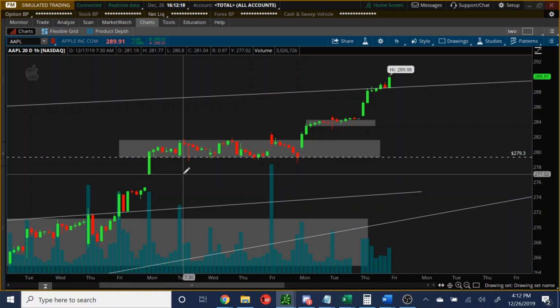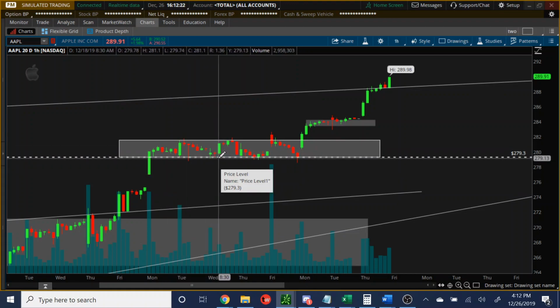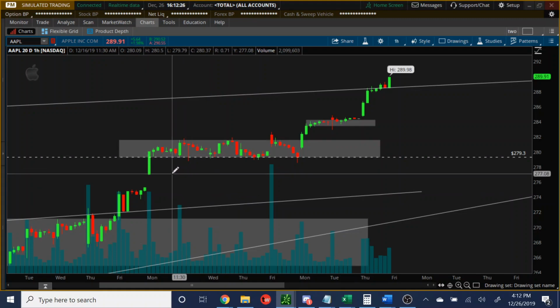Now in this case, on Apple, I noticed that for a couple days, it actually wasn't even trying or could not get close to the opening range low. Excuse me. And when you see that, that's bullish behavior. Why? Because if sellers were strong, it would show by at least testing that low.